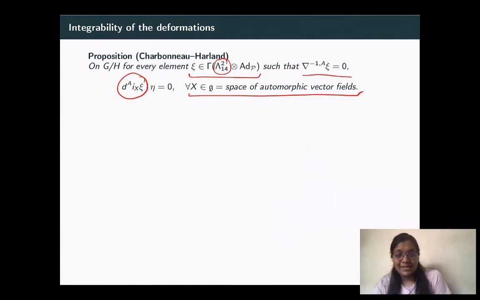So if X is an automorphic vector field, then ι_X C will be an infinitesimal deformation. And for homogeneous spaces, the space of automorphic fields is isomorphic to the Lie algebra of G.